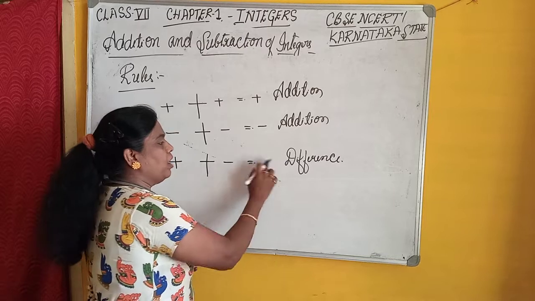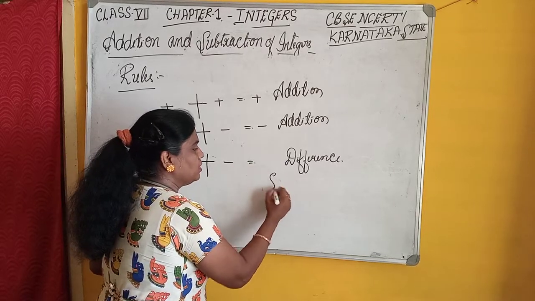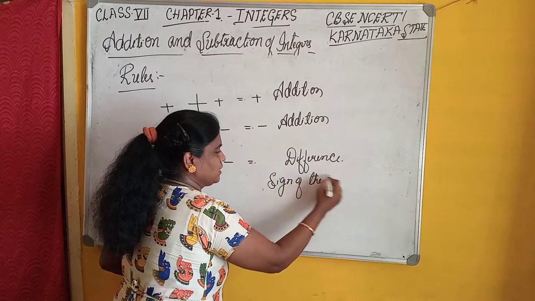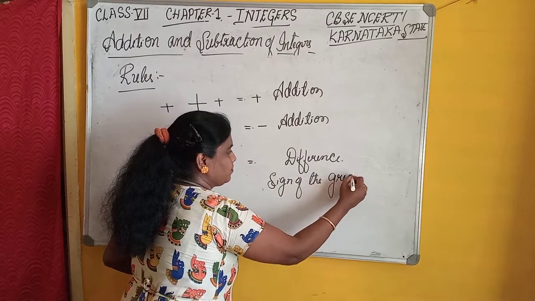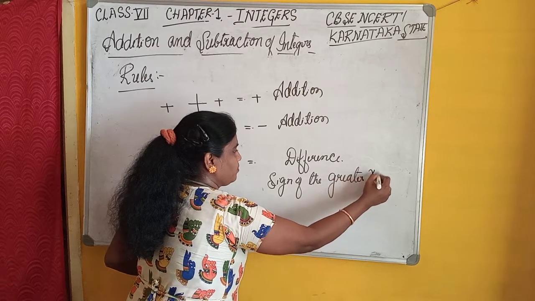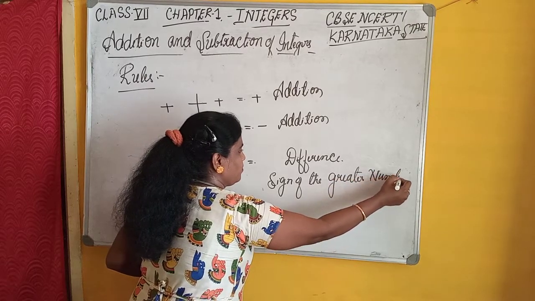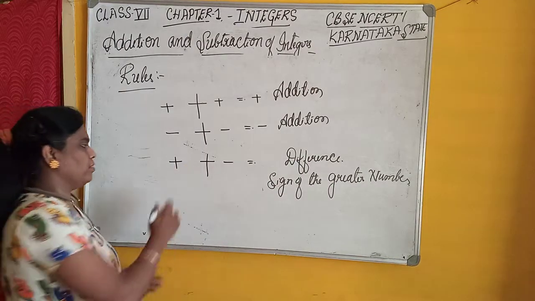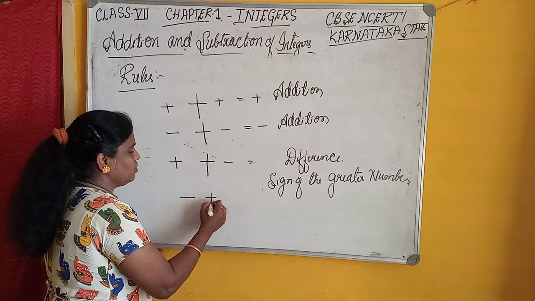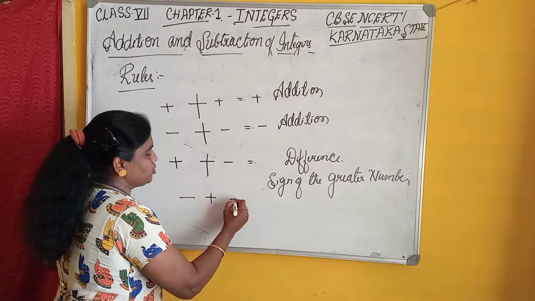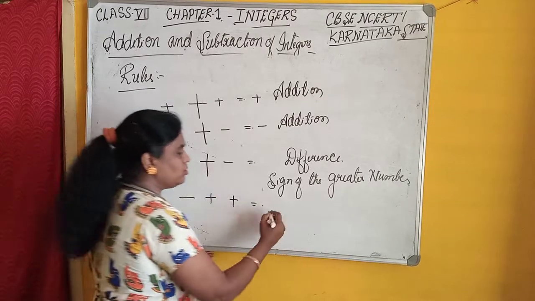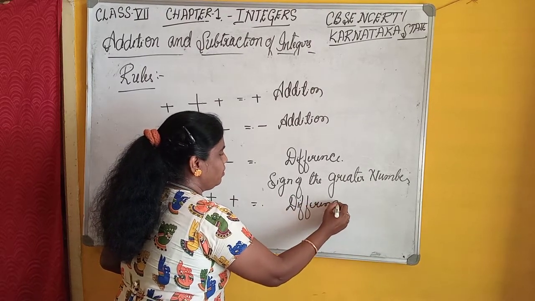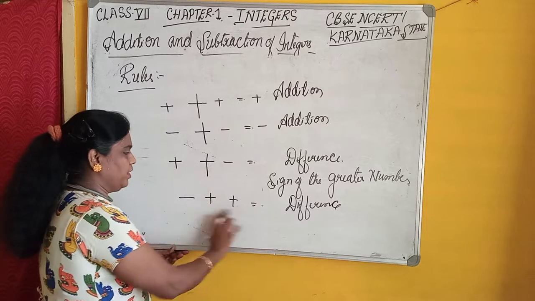Take the difference and put the sign of the greater number. Even in this case, when one is negative and another one is positive, we also take the difference of those integers and write the sign of the greater number.